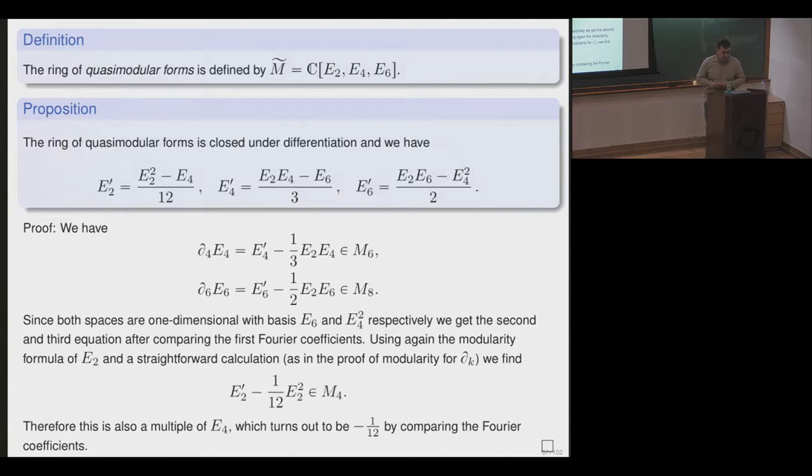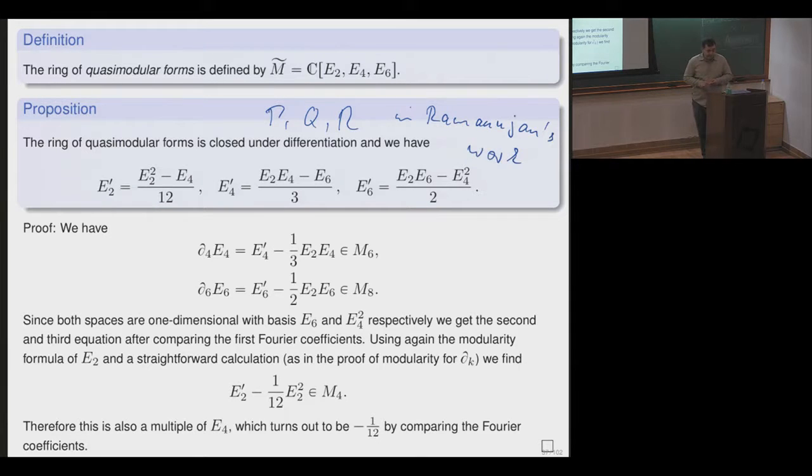And the point is that this is closed under the usual differentiation. This is seen by just proving the identities that give the derivatives of E2, E4, and E6.